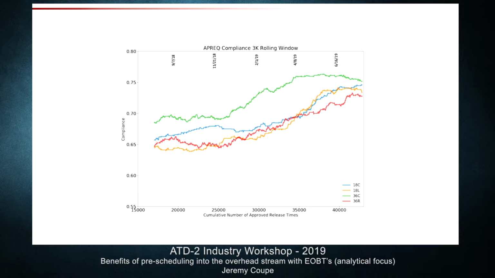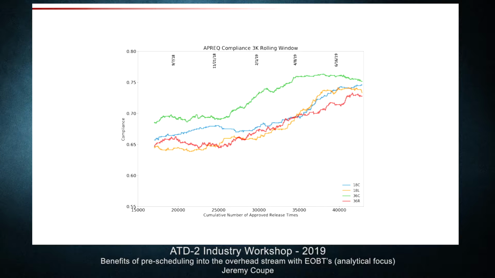So we're able to take this compliance and split it up by runway to understand whether there are any trends or relationships where one flow or one runway gives us better compliance. Because once we break the data up, we can't aggregate over the last 10,000 as easily since there aren't as many APREQs. Here it is aggregated from the last 3,000 cumulative APREQs.